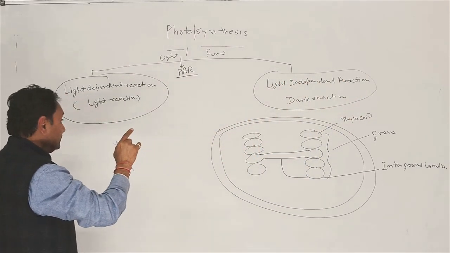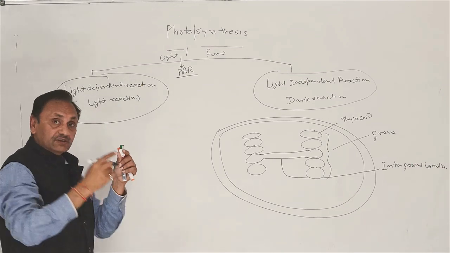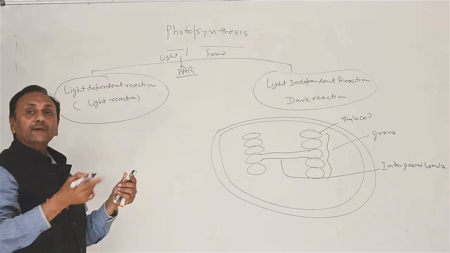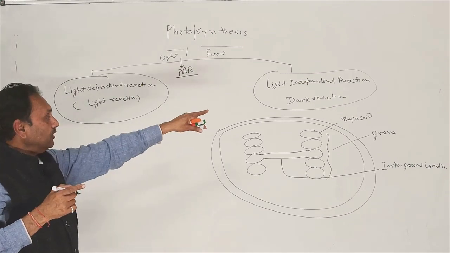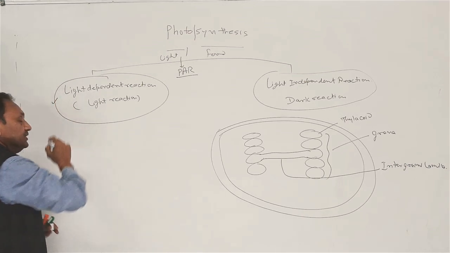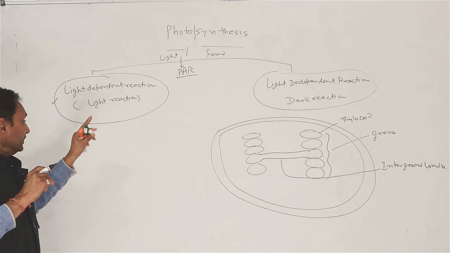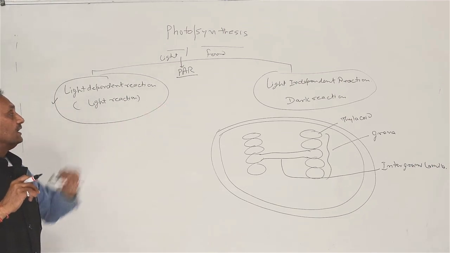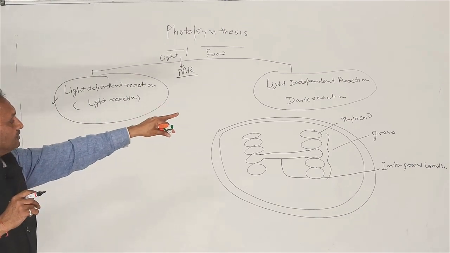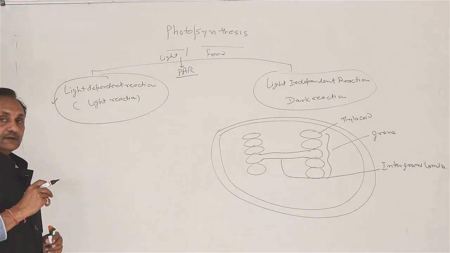Light independent reaction means the reaction which will take place either in light or in absence of light, so it is also called dark reaction. And light dependent reaction is the production of energy, which is helpful in the dark reaction.